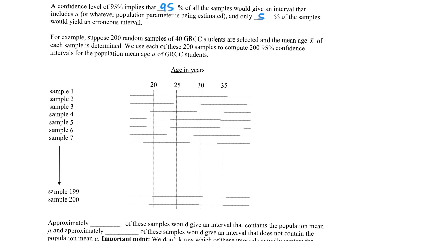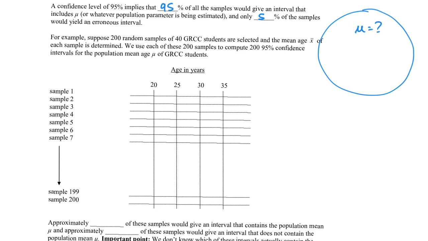So we're looking for the mean age. Think of it as like we've got all the GRCC students. Each semester we have about 15,000 students. So let's just think of this population as a whole bunch of numbers, about 15,000 numbers.